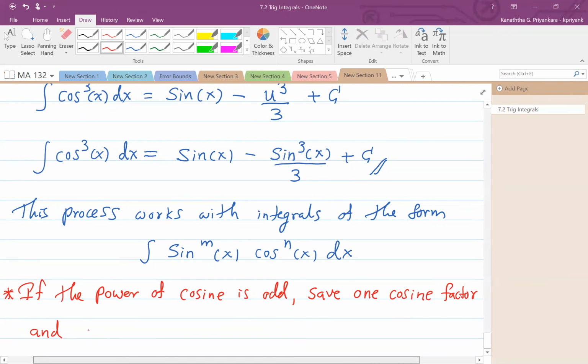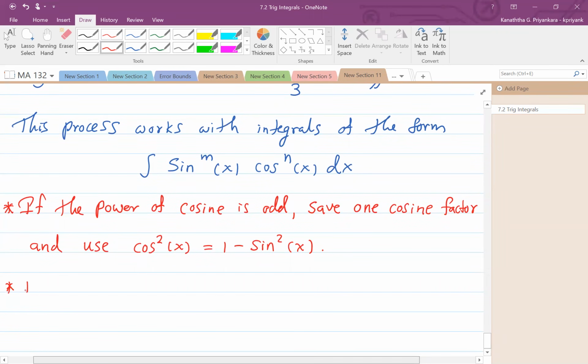And then you can use cosine squared x equals 1 minus sine squared. So once you use this, you can use the u substitution to get the integral.